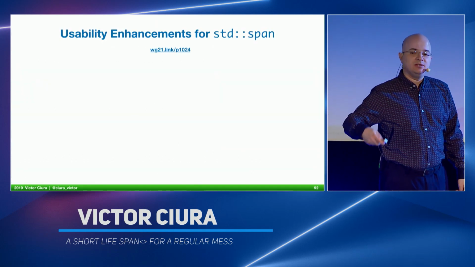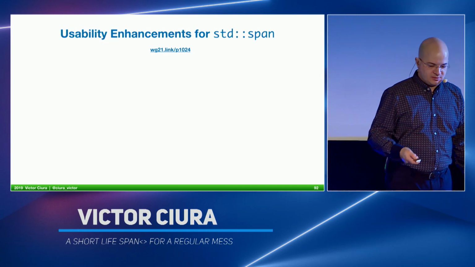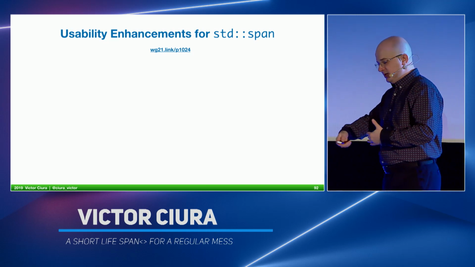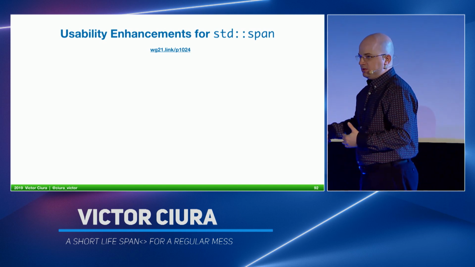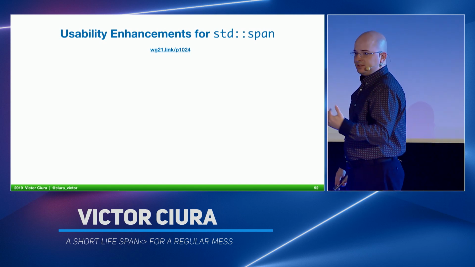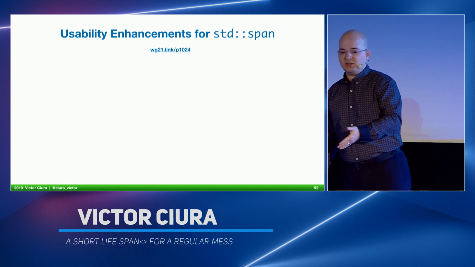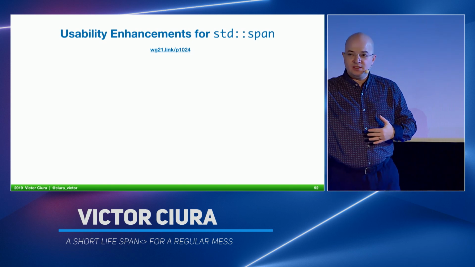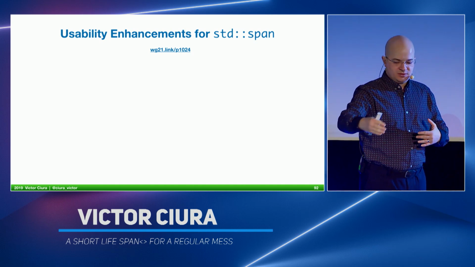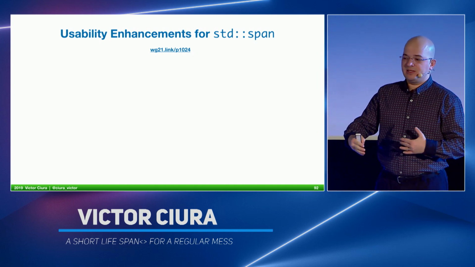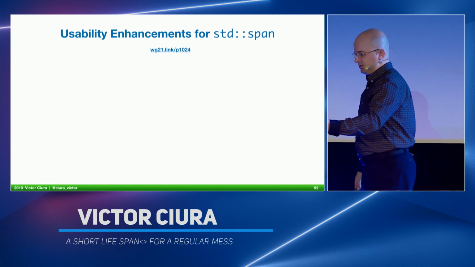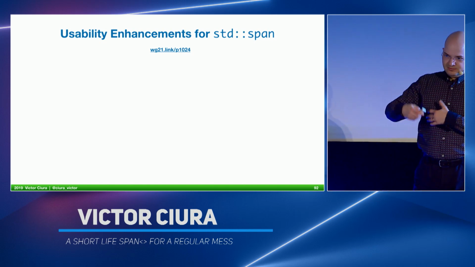And there have been usability improvements in standard span from its original design, and it was refined throughout the versions. Clang was the earliest implementer of this library facility, and from Clang 7, 8, and 9, and now 10, span has evolved in libc++, following the evolution of the paper in the standard, in the soon-to-be standard.